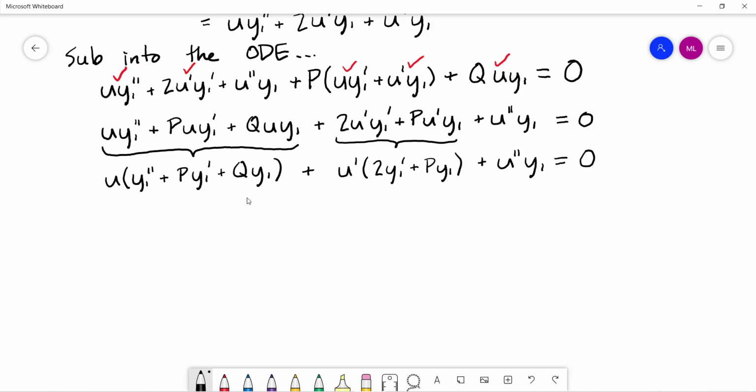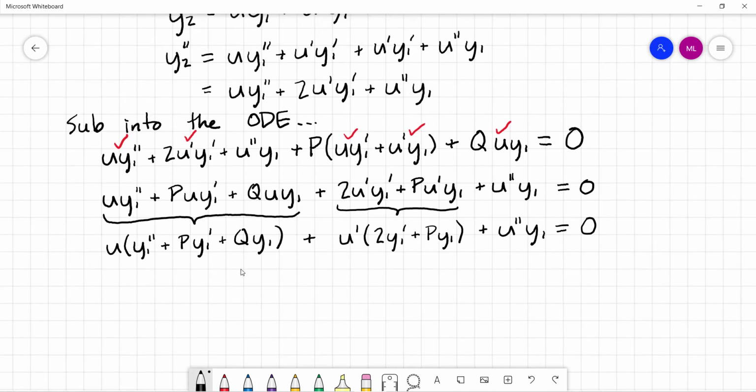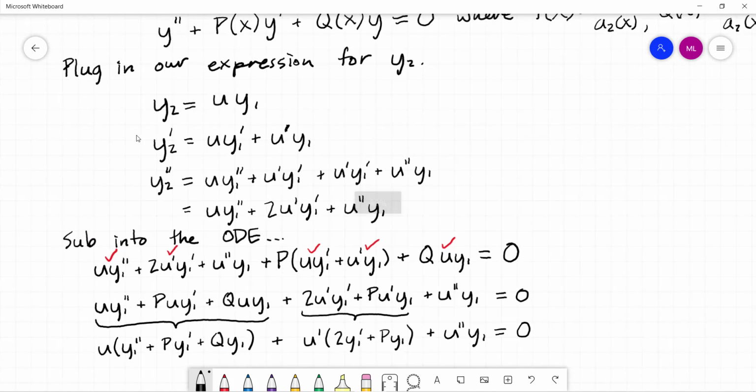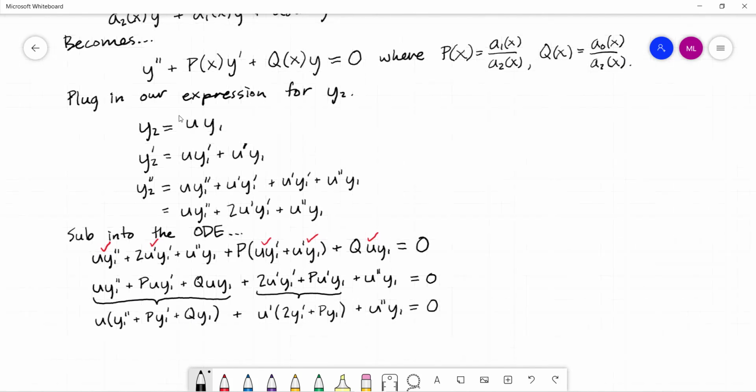We've got to remember what we're dealing with here. I notice that this looks awfully familiar. If I compare what I have written right here to the left-hand side of our differential equation that we're trying to solve to begin with, they look the same, right? It's y double prime plus py prime plus q times y. Well, here's y double prime plus py prime plus q times y.